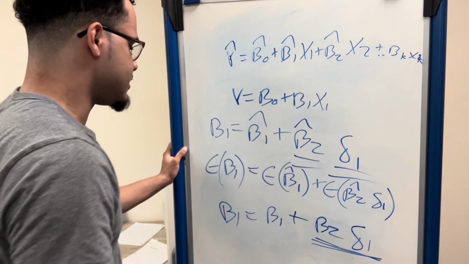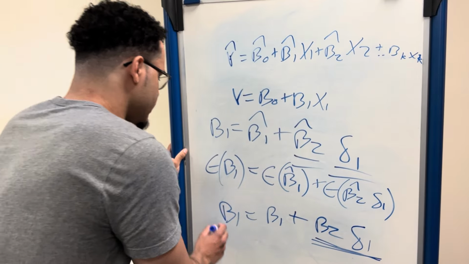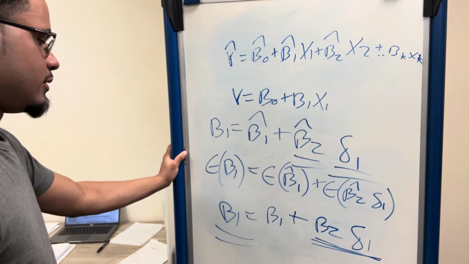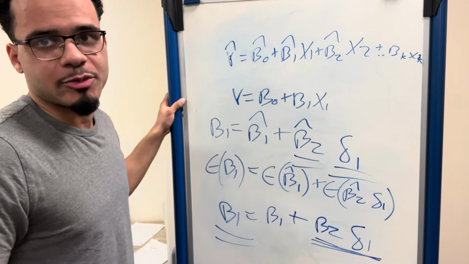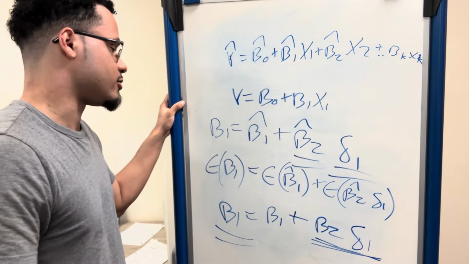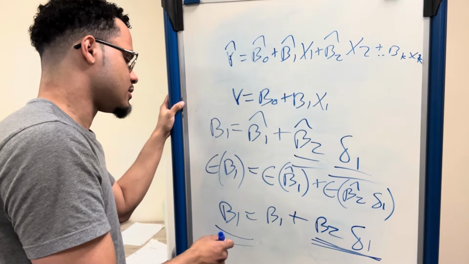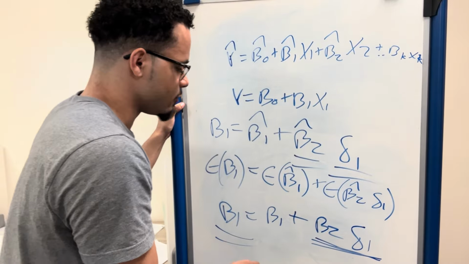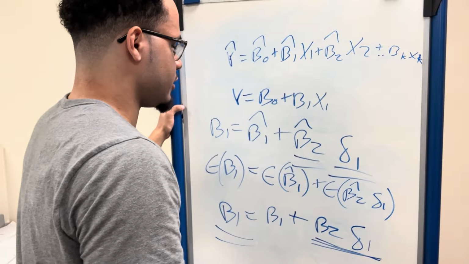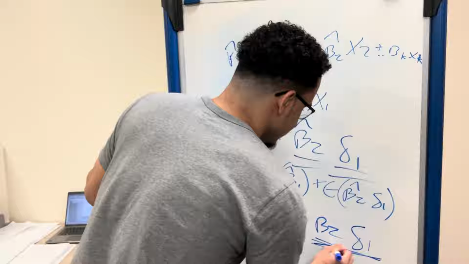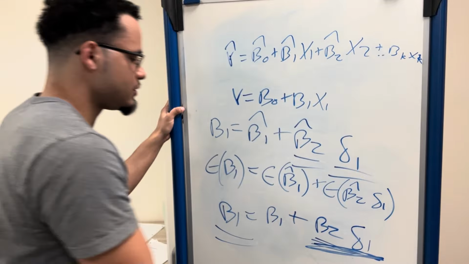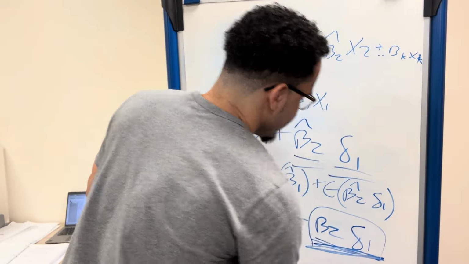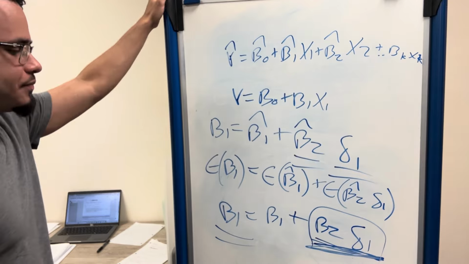So if this beta 1 is delineating the true relationship of the first explanatory variable on wages, essentially we want to see how this group of characters influences the model. This is the extent of the omitted variable bias.